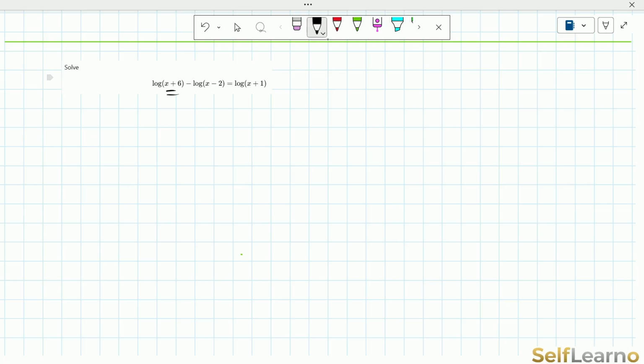Log A minus log B is nothing but log A by B, is equal to log x plus 1. Perfect. We can compare the arguments when the bases are equal. Let me clarify what I want to say here.